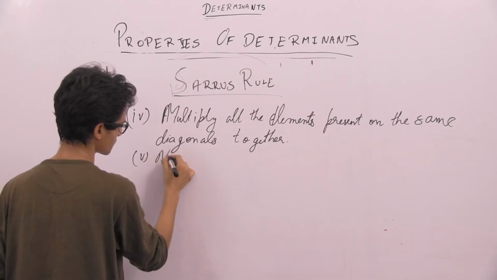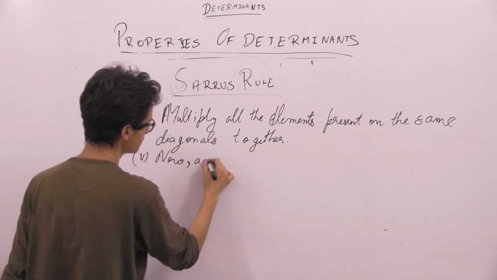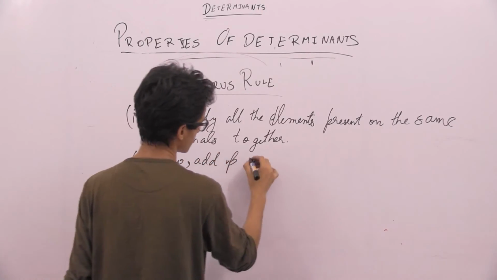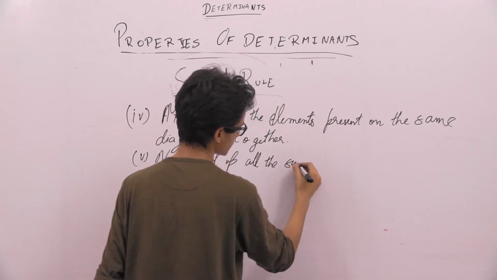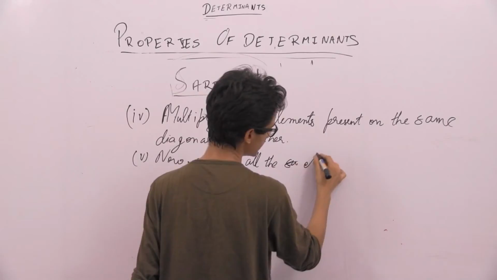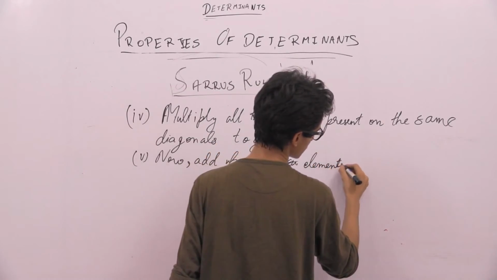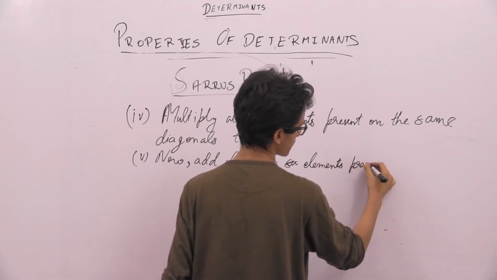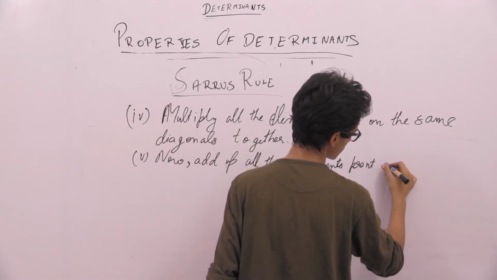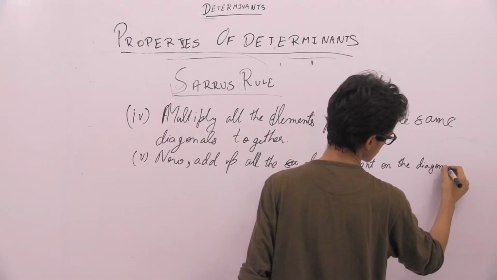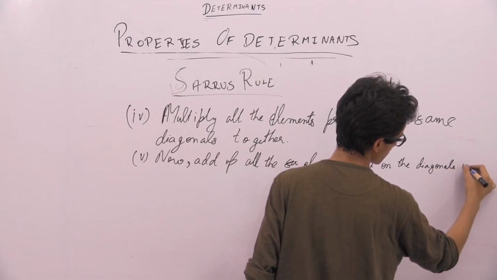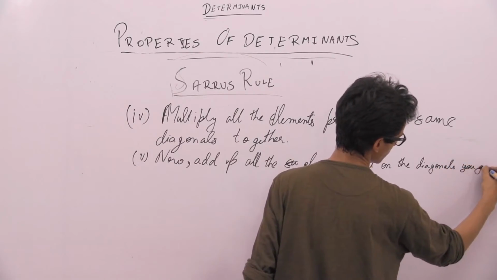Now add up all the summation. Now add up all the elements present on the diagonals you got after multiplication.